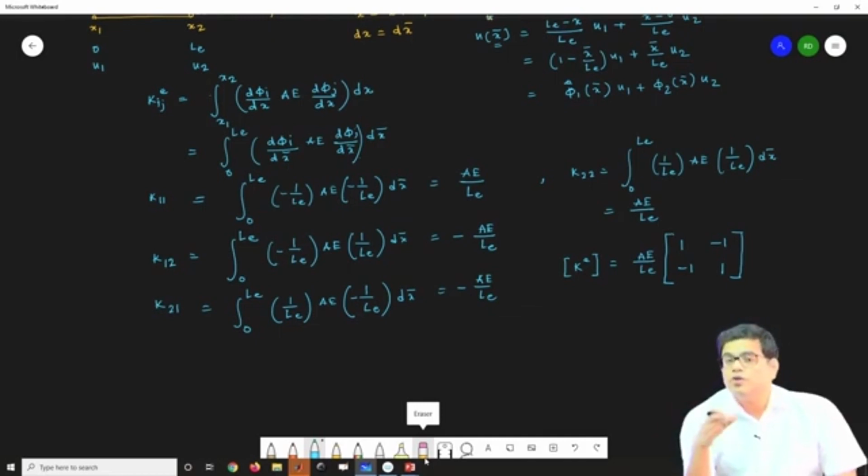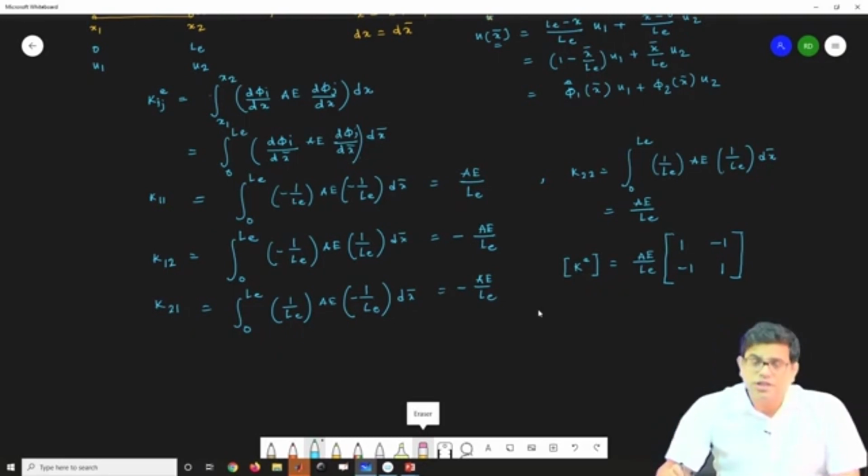But the whole process of finding the stiffness matrix within the finite element context is entirely different from the stiffness method in structural analysis, where we just use the equilibrium equation with applied force and applied displacement, and then derive the stiffness matrix.